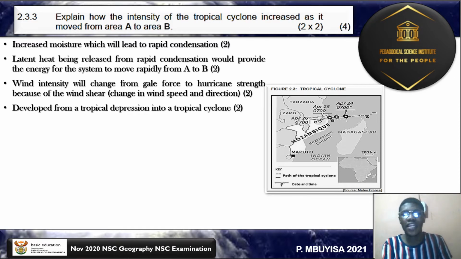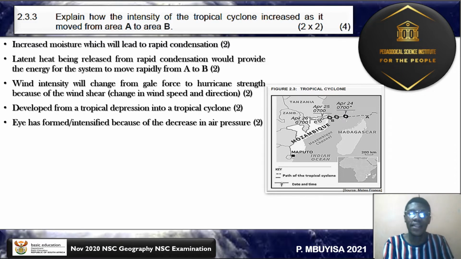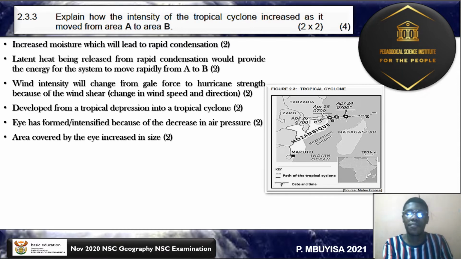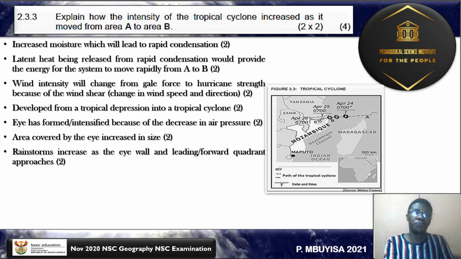So it moves from being a tropical depression, tropical storm, to being a tropical cyclone, a well-developed tropical cyclone. And we say that the eye is fully formed at the center, and as a result of the decrease in air pressure towards the center of the system, the area covered by the eye is increased in size.